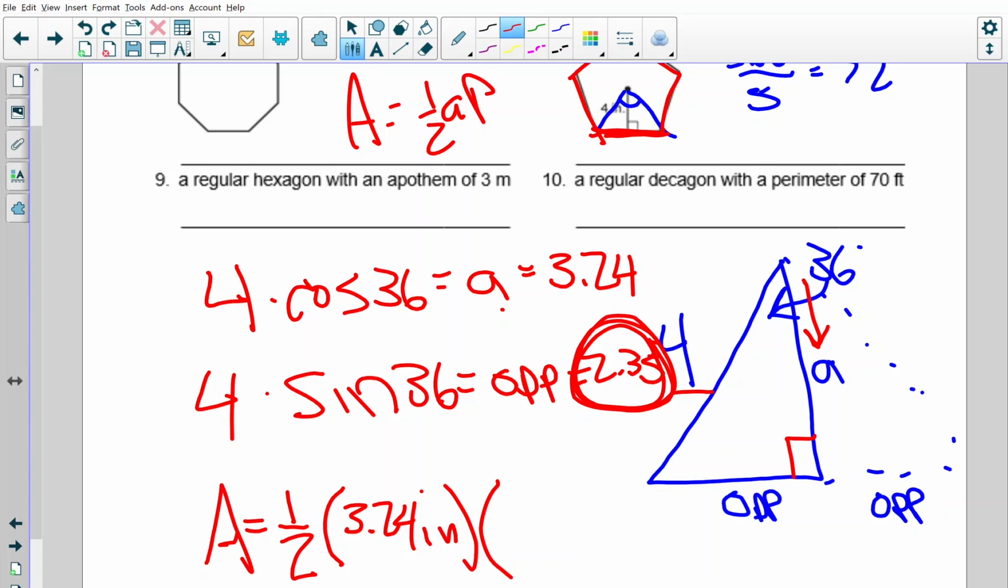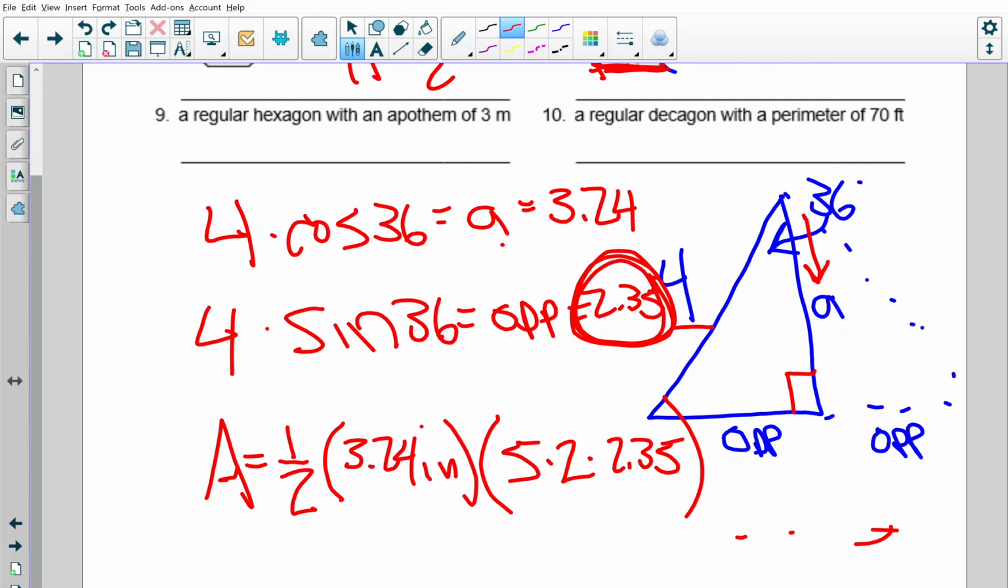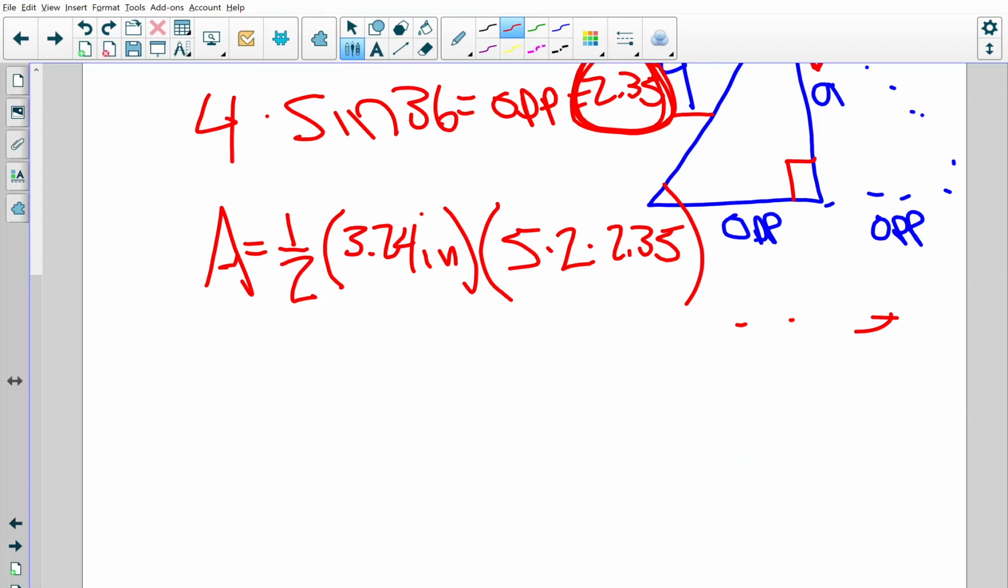So 5 times double of the side, which is 10. Those of you that aren't afraid to do arithmetic in your head, you know that's pretty easy. That's just 23.5.